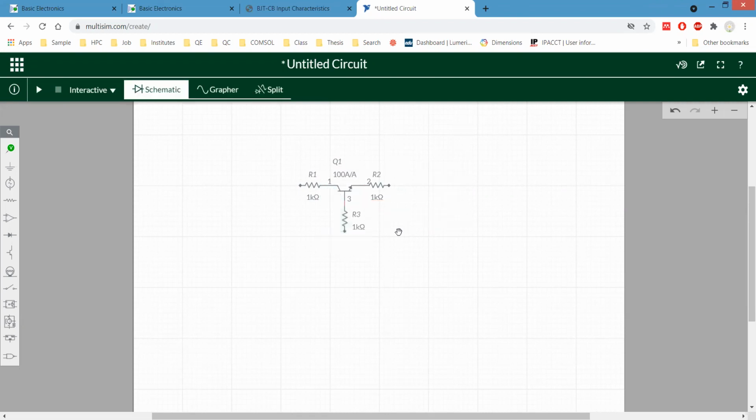So I have just connected R1, R2, R3 across the collector, emitter, and base junction. We can rename them as well. As already discussed in the case of common emitter, the base one will be in kilo ohms, and this should be a lesser value in this case.